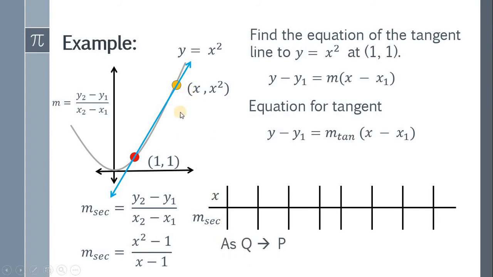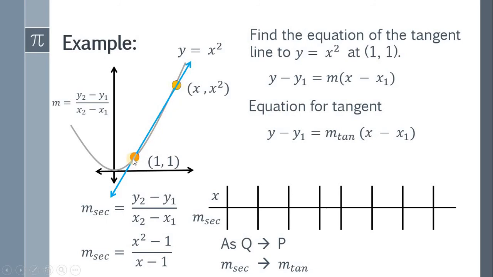Now, as Q gets closer to point P, yung ating secant line ay magiging super close dun sa ating tangent line. It follows na yung ating slope ng secant line is magiging super close dun sa slope ng ating tangent line.